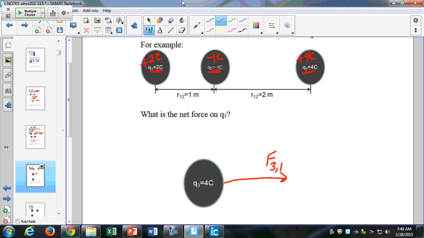And if so, by what amount? It's going to be smaller, you're right. By what amount? No, not by a factor of 4.